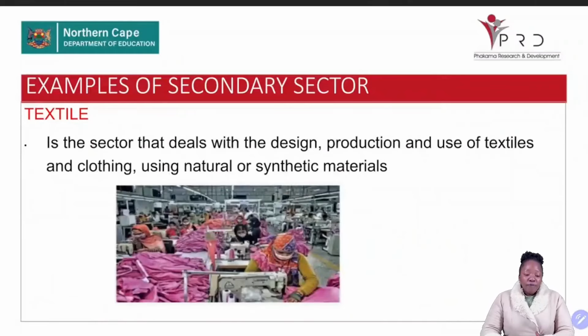And then we've got textiles. Again, in textiles, they can use animal skin to make the final product as clothing, and also they can use natural or synthetic materials. As you can see, there are people who are busy making clothes or who are sewing. So it is also part of the examples of the secondary sector.